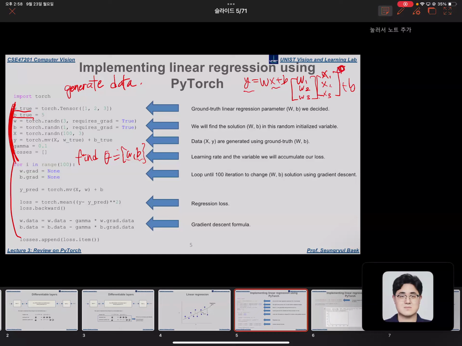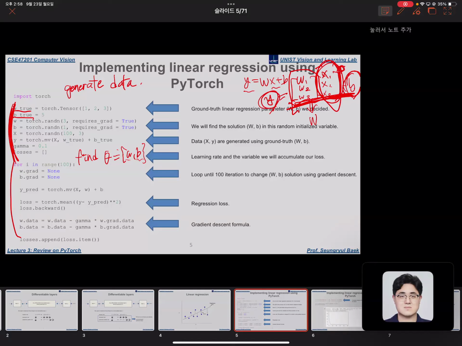Sorry, transpose is here. Are you understanding this matrix multiplication? Our output Y is multiplied with this W matrix. This is our input having 3 dimensions, multiplied with a 3-dimensional vector, and this constant B, a scalar value, is added to get this Y output value.